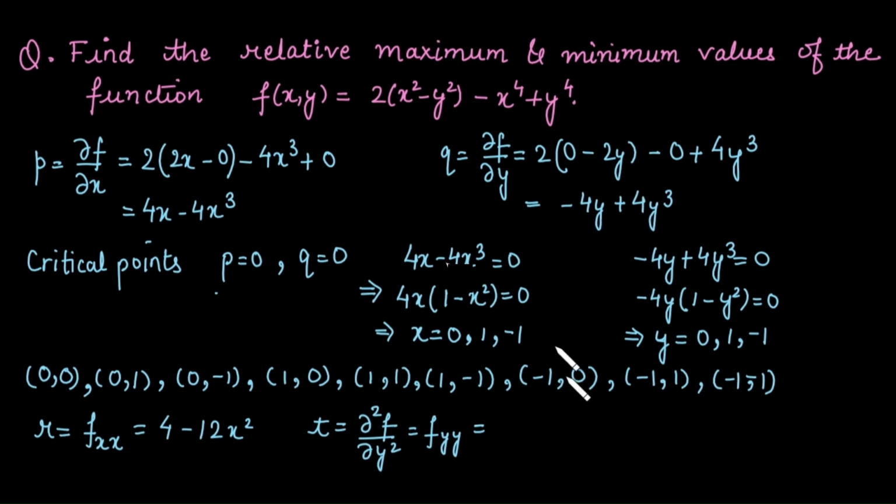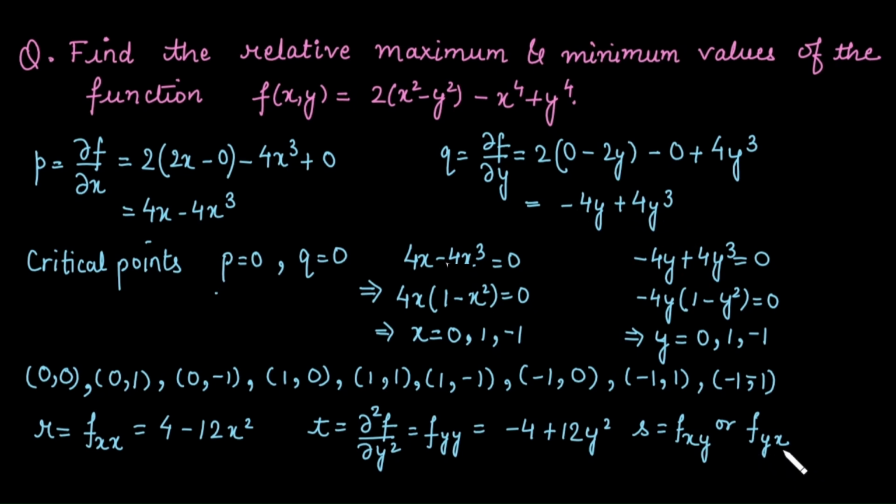Its further derivative with respect to y is minus 4 plus 12y squared. The value of s is the second order partial derivative of the function with respect to xy, or with respect to yx. So either take the first derivative with respect to y and then take its derivative with respect to x. Its derivative with respect to x is 0.